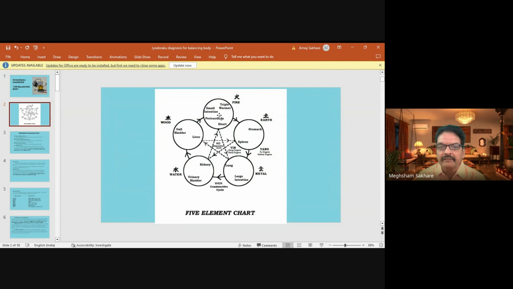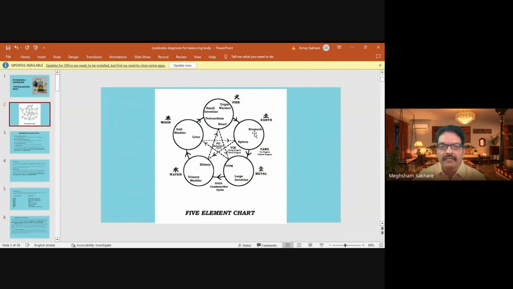After fire, ash is generated, and ash is equivalent to earth. Fire generates earth, that is stomach and spleen. When there is a digestion problem, there must be a problem of the earth element. It may be weak or excess.